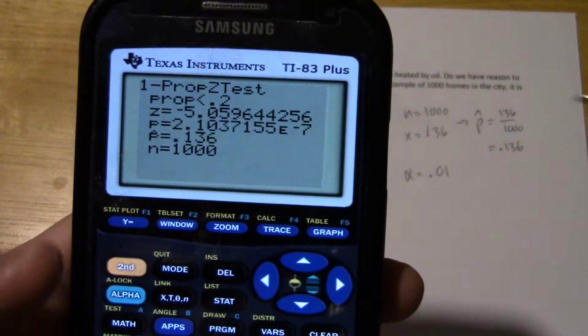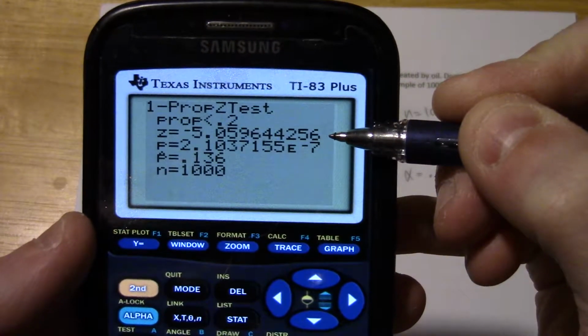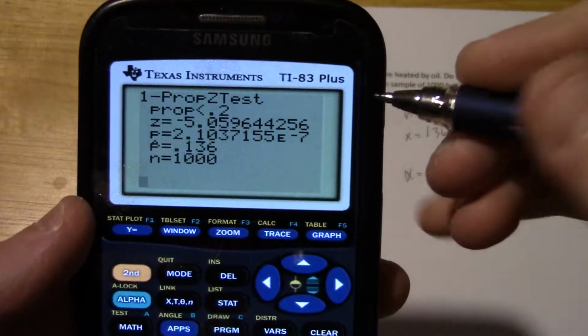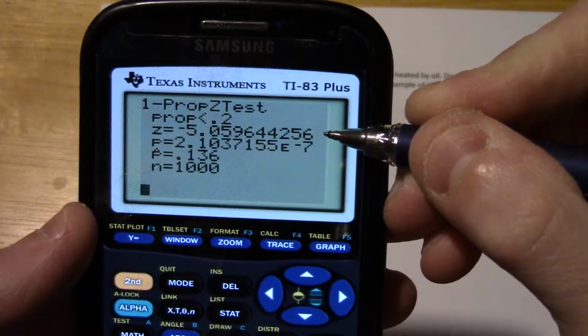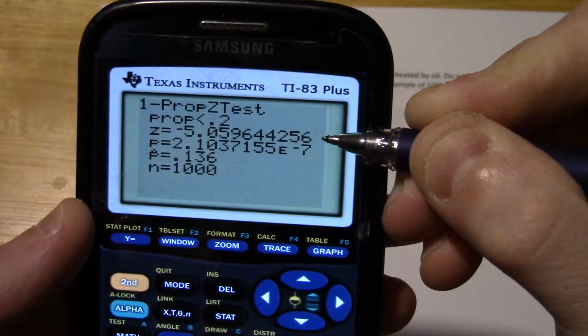So here's what we get. Our test statistic, the z, is -5. The interpretation of the test statistic is that it's telling you how unusual your data are if the null hypothesis were true.